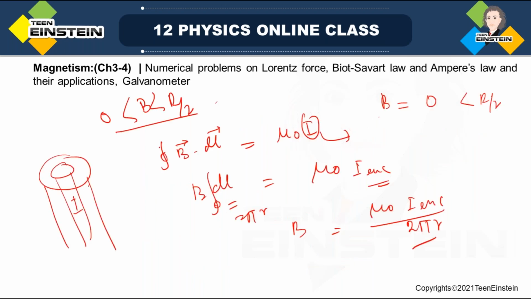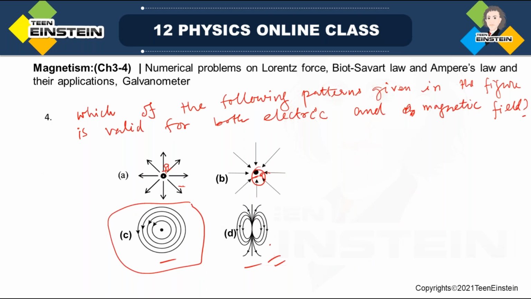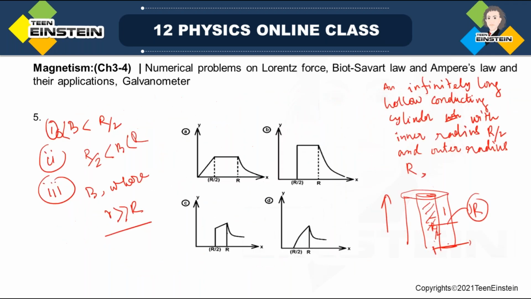Now the given graphs are, yes, these are the graphs. So which one will be the correct answer? We have to see the variation. Inside there will be two variations that we have agreed. One is 1 by r and another one is proportional to r. So if we draw it, how does this look?